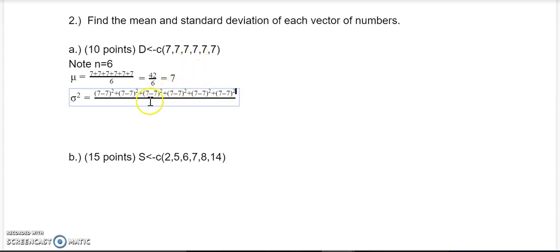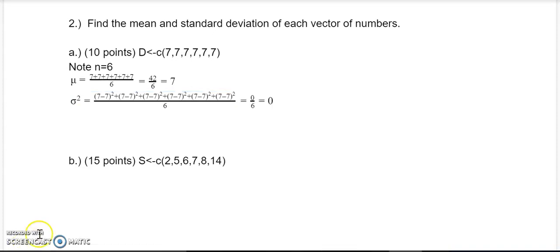And we're going to divide this by 6. You can see on top, they're all going to be zeros. There's going to be 0 over 6, and 0 over 6 is just 0, so our answer is 0.